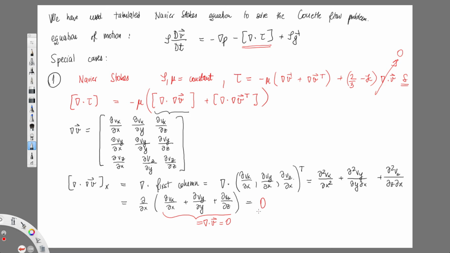It's all symmetric. So similarly this is also 0, and so is z. So basically the divergence of V is a 0 vector.